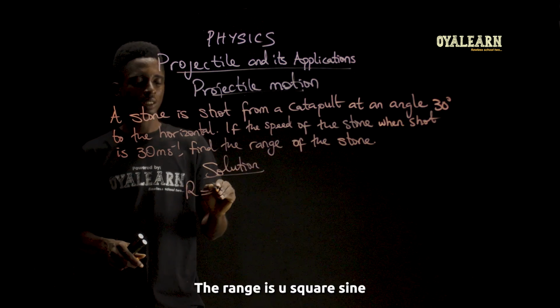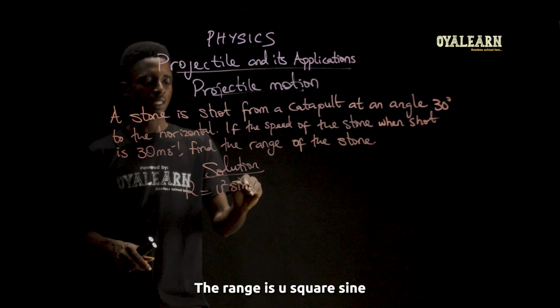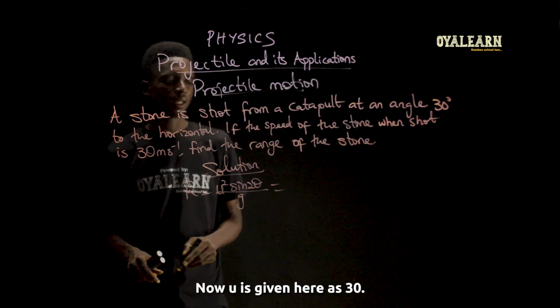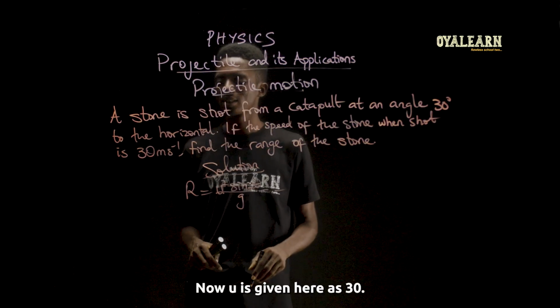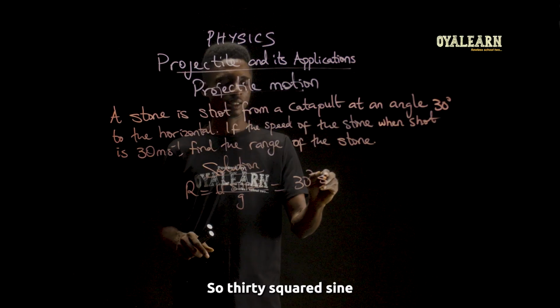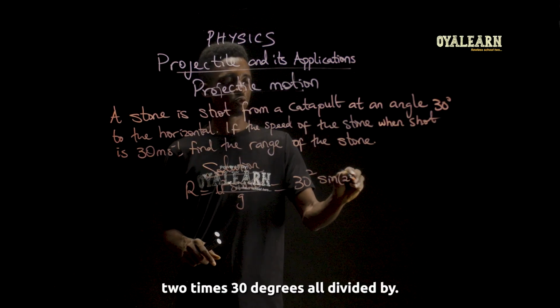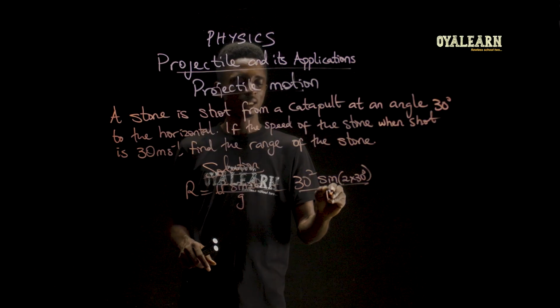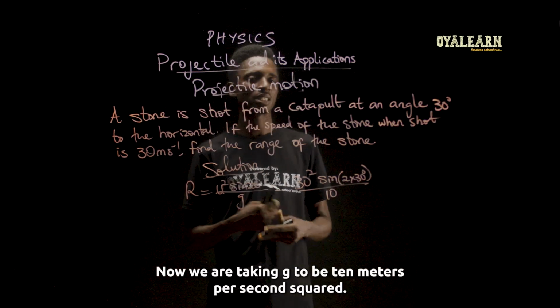The range is u squared sine 2 theta over g. Now, u is given here as 30, so 30 squared sine 2 times 30 degrees, all divided by, now we are taking g to be 10 meters per second squared.